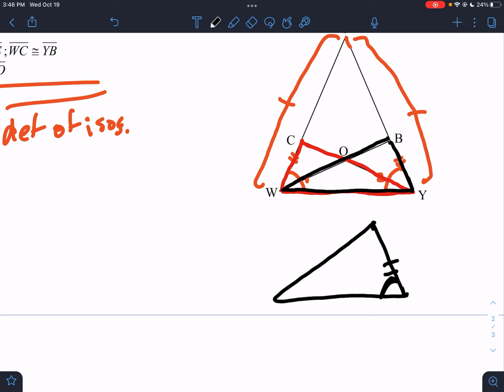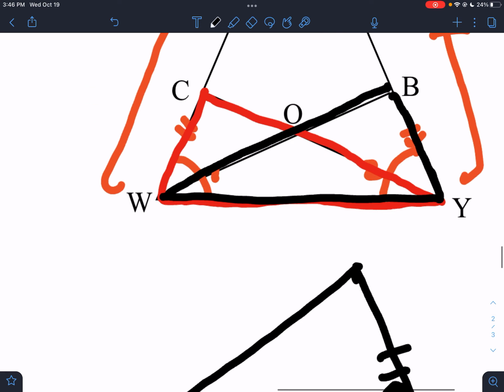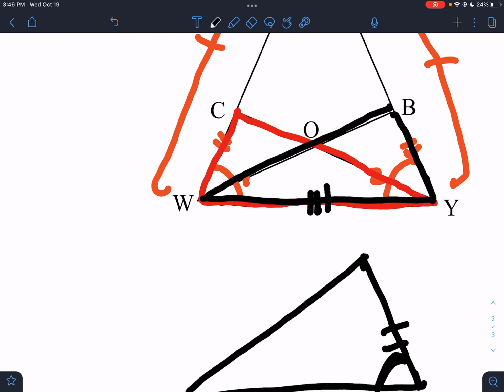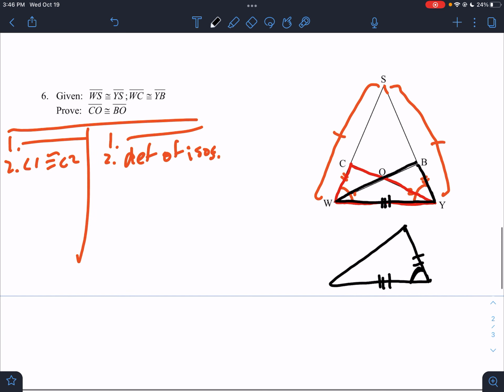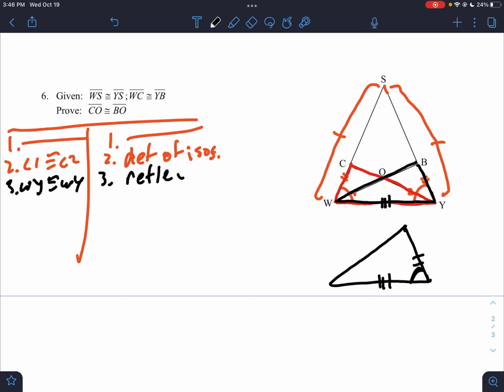Do red and black have anything in common? Hopefully you can see, hey, they've got this shared side at the bottom. So I need to get that in here. I need to say WY is congruent to WY, and that's reflexive.